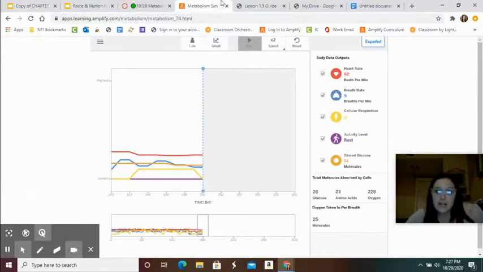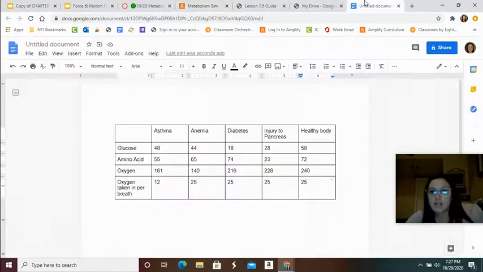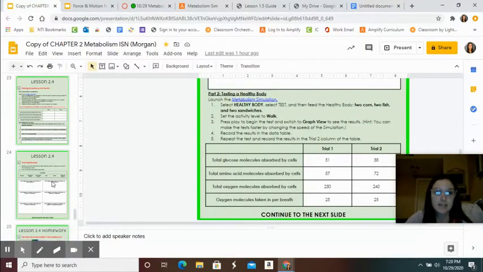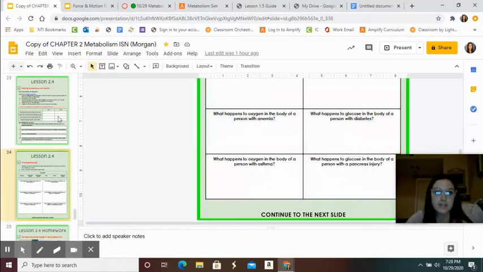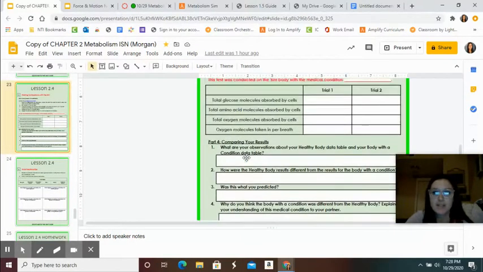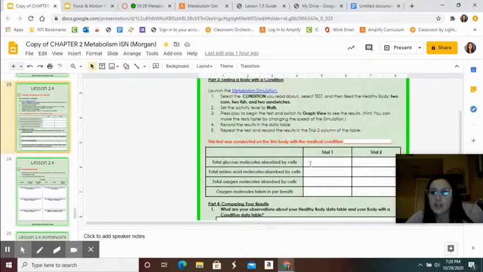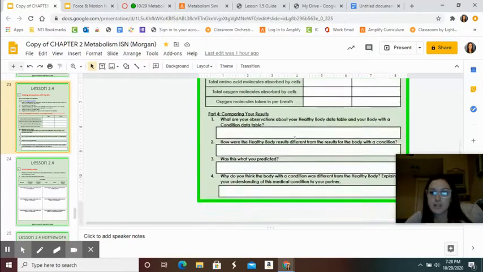Okay, so now that all of our tests are run, I made a little chart here to compare, because the next part of the assignment is at the bottom of slide 23 here. You can see that after you did your tests on your certain condition, you are comparing your results. So you're comparing the data that you got from the healthy body to the results of your condition.